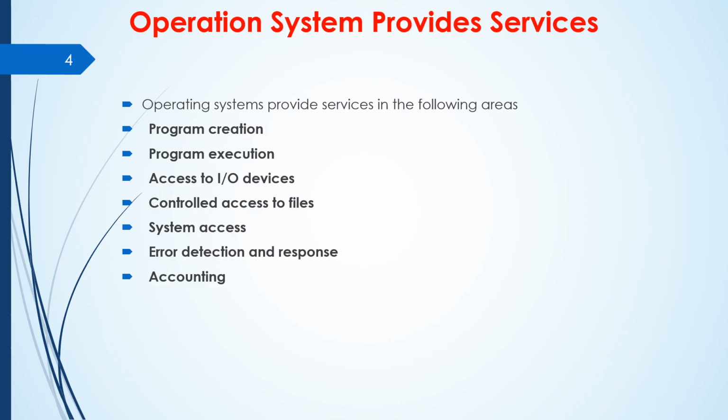They also control access to files so only allowed users can open and change them. They manage who can use the system and protect resources. They check for errors and fix problems to keep the system stable. Finally, they keep track of how resources are used to help monitor performance.